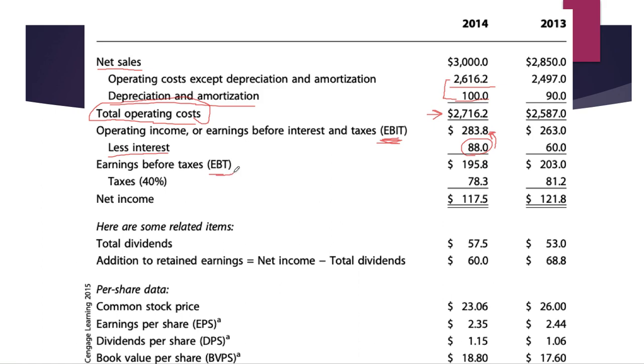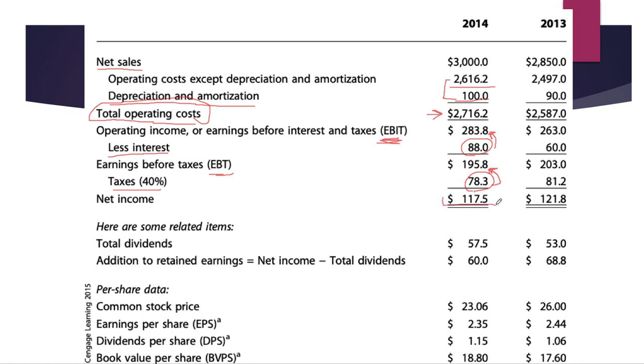Then the tax will also be paid by the company, and that is also deducted. Here it is 40% of the earnings before taxes, given by 78.3 million USD. Once we subtract this number from the previous EBT figure, we get the net income.